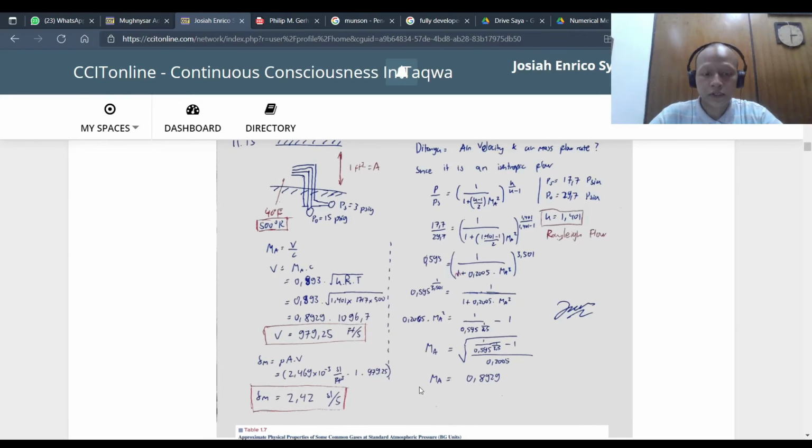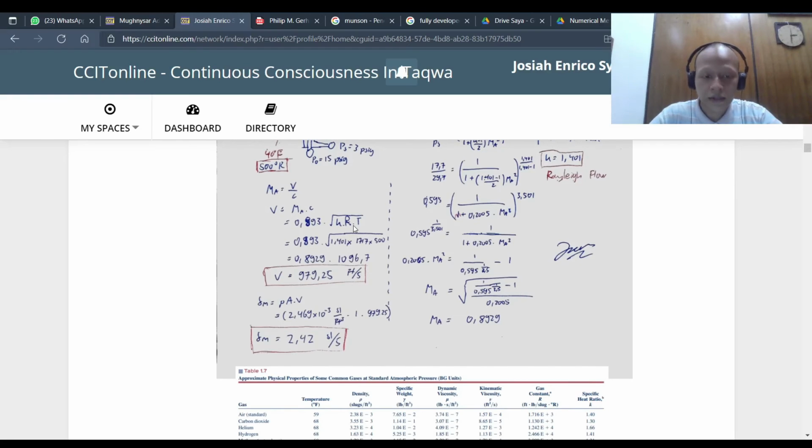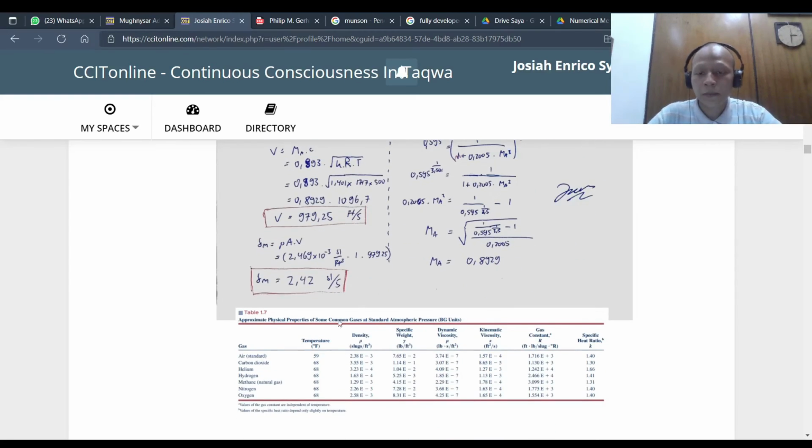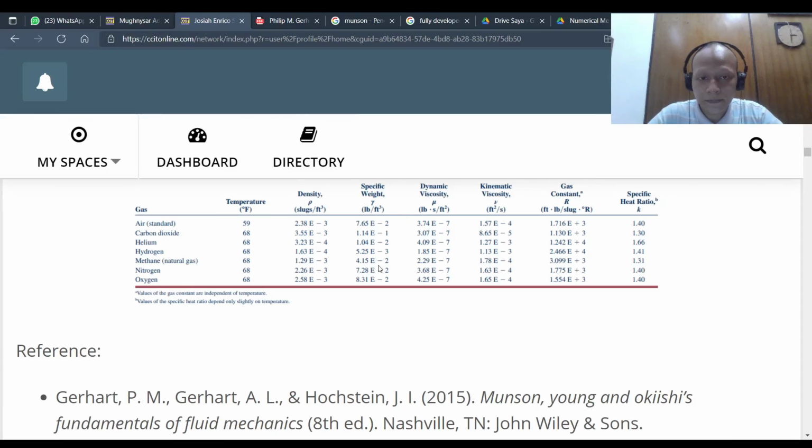We're gonna use this Mach number to find out the velocity, which equals Mach times coefficient c. This coefficient c is equal to the square root of the specific heat ratio times the ideal gas constant and temperature. The ideal gas constant will be derived from this table, as you can see.